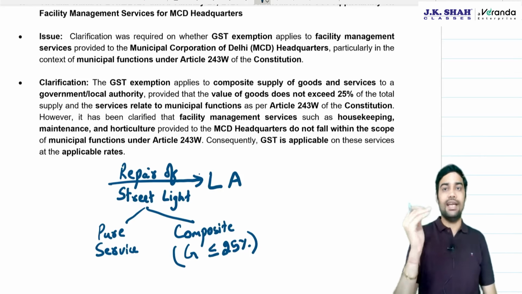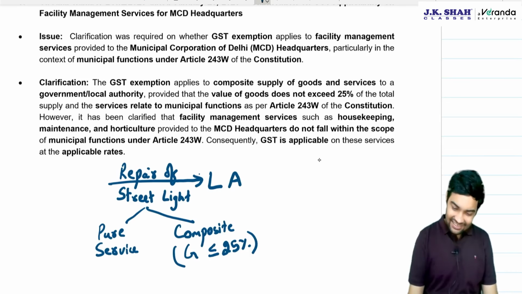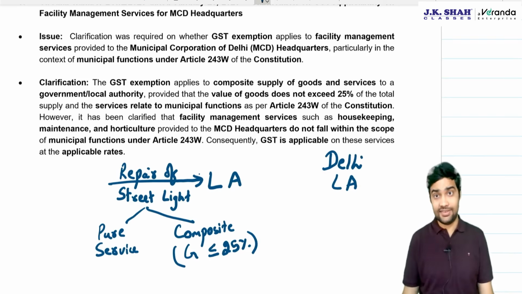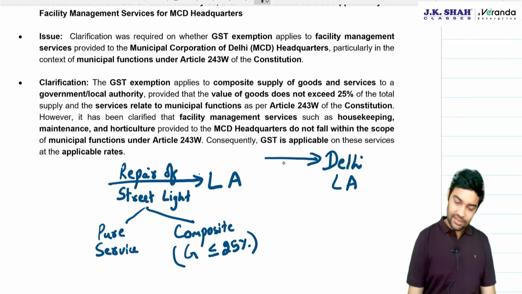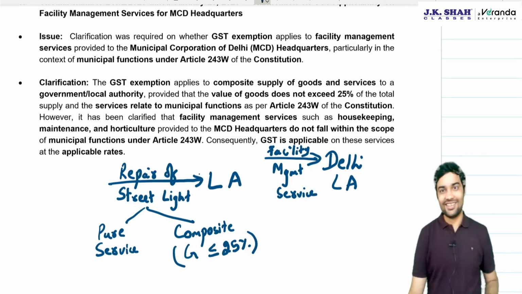Okay. Now what is the amendment? Sorry, what is the circular? See, there is Delhi local authority who has got a new premise, headquarters. Now, for their headquarters, they are taking management, facility management services, cleaner, for Delhi local authority headquarter.